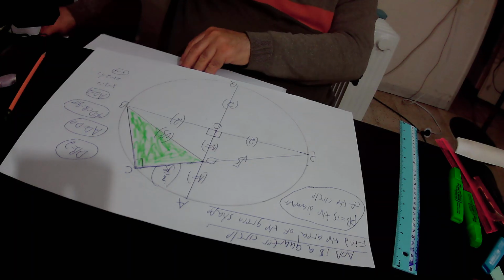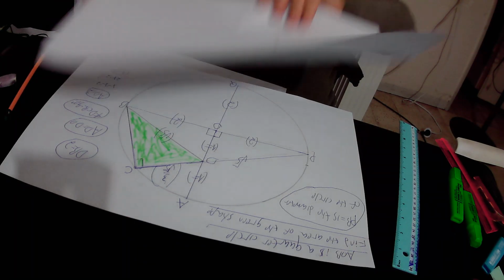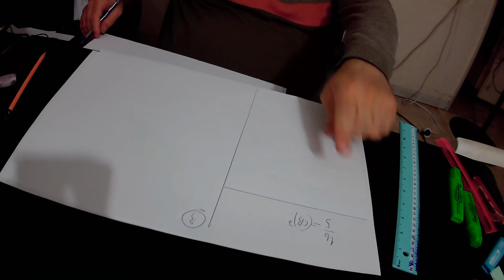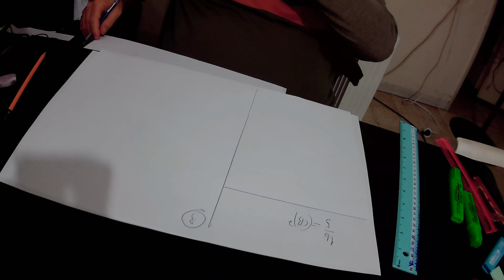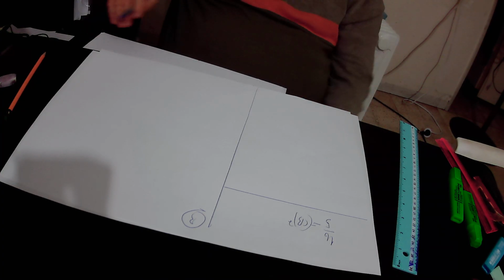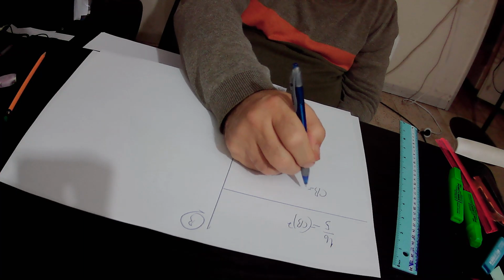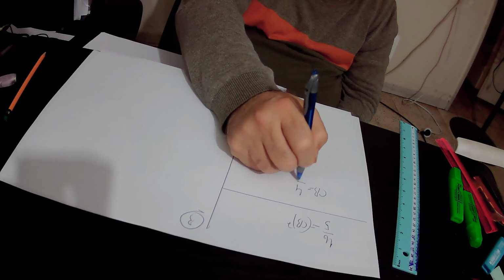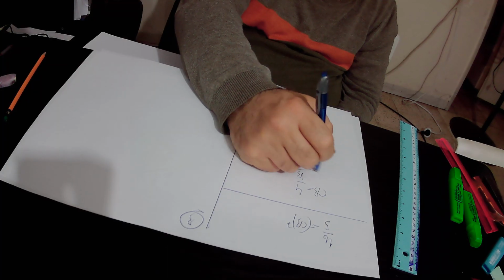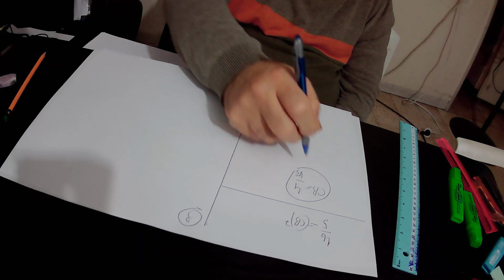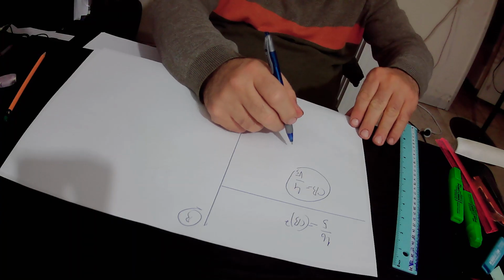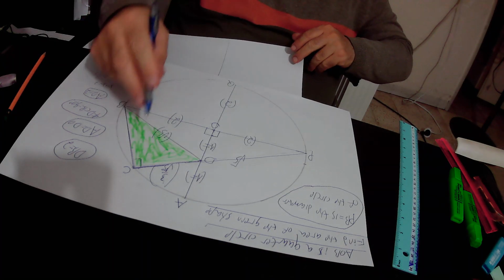So I found out that CB squared equals 16 fifths. Here we take the square root of both sides of this equation, and finally we get that CB equals the square root of 16, that is 4, over square root of 5. So CB equals 4 over square root of 5 units in its length. This is side CB.